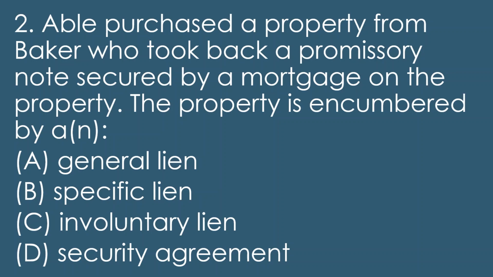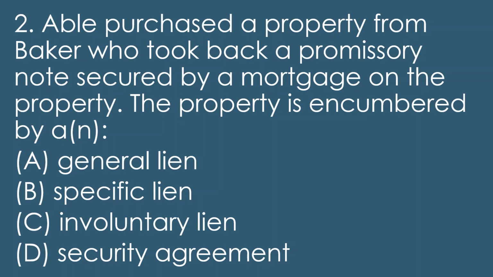On the state exam, they use mortgage and trust deed interchangeably, but the biggest difference in California, do note, with mortgages and trust deeds is the foreclosure proceedings. Those are different in California, so most of the time in California, we use trust deeds, but sometimes if you see mortgage on the state exam, you can kind of interchange it with trust deed, except when it comes to the foreclosure proceedings, as well as the terms.